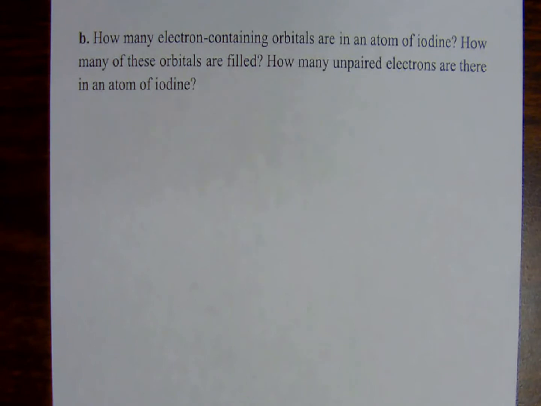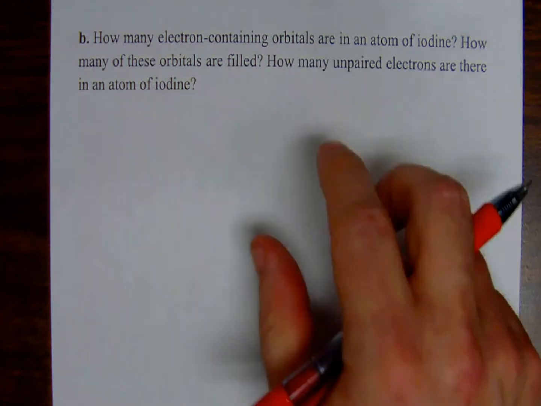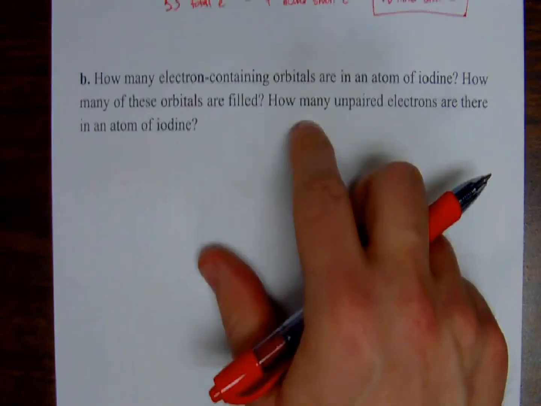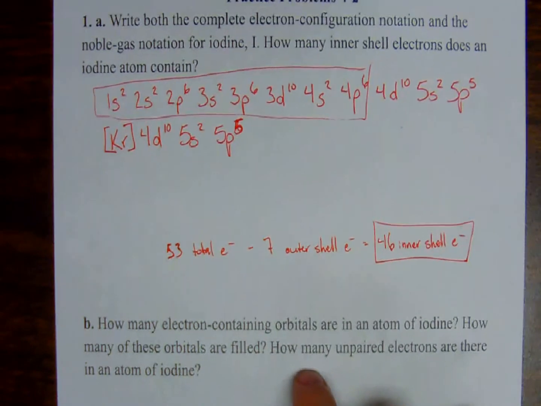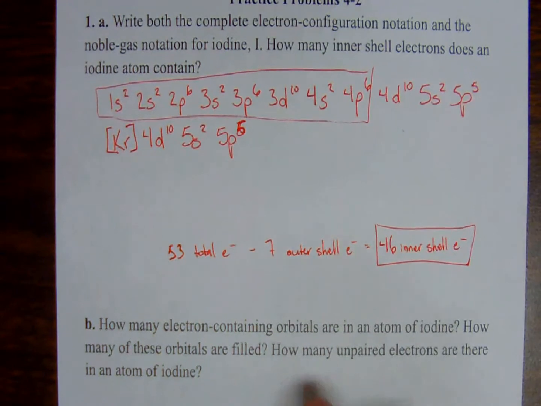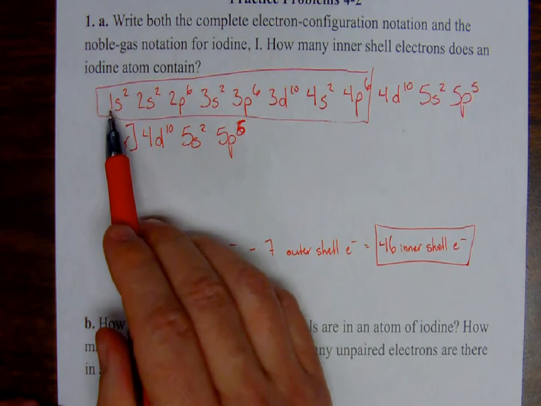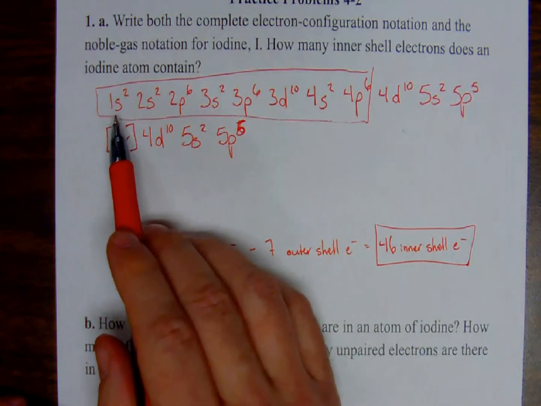I have 4 p sublevels. For d, I have 1, 2. All right, 2. Okay, so I can just look at my configuration and I see that I have 5 s sublevels, 4 p sublevels, and 2 d sublevels.